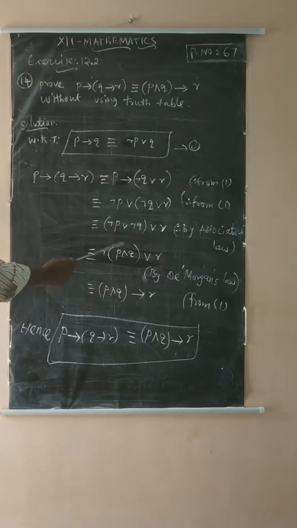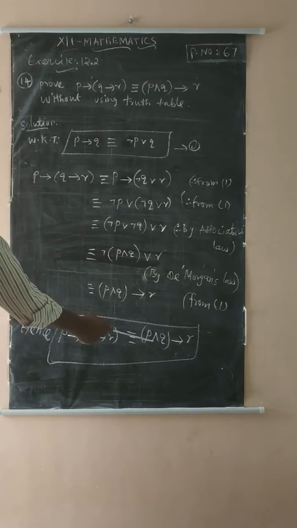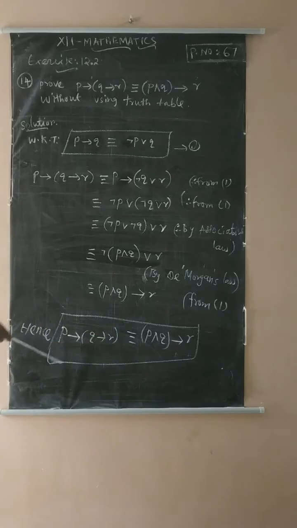Negation of P and Q, or R. Again use this result: P and Q conditional to R. Hence P conditional to the brace Q conditional R is equivalent to P and Q conditional to R. That is the proof, students.